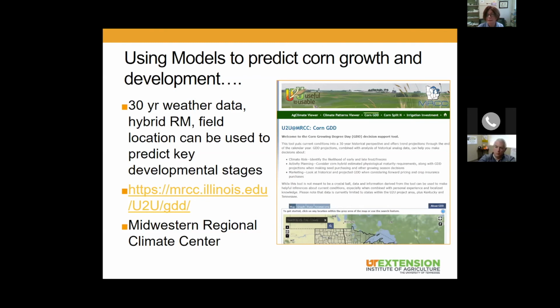There we go. Okay, so they started in the Midwest and they added Kentucky and Tennessee. So basically you use this by going in and clicking on your county, and I'm just going to click one here. And it says create a GDD graph. And I'm going to plug in a planting date and a maturity.